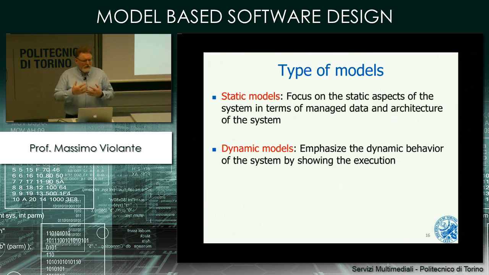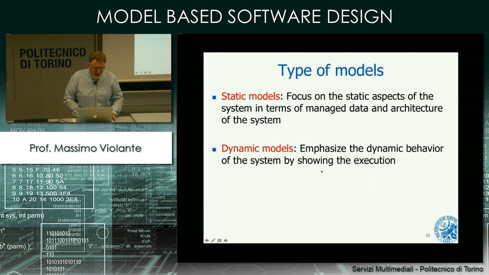We can reason about the different blocks and the different interconnections, but we haven't yet specified in an unambiguous manner what each block has to do, with a level of detail suitable for making, for example, a simulation of this architecture. So this is important when you want to define the architecture of your system, because there you decompose the system into simpler parts, and then you may decide whether you can buy some of these parts off the market, or if you can make some other parts of this architecture. But this is still a static model.